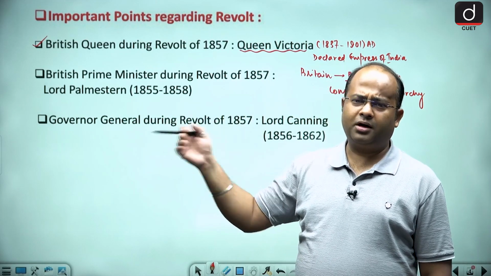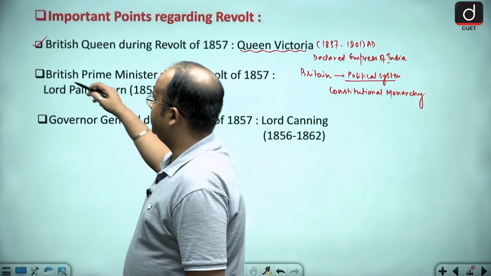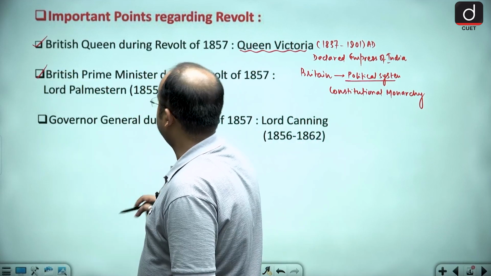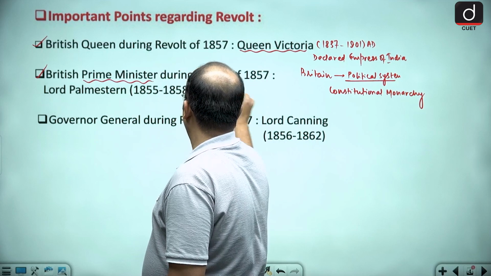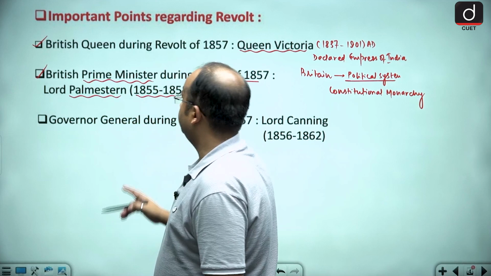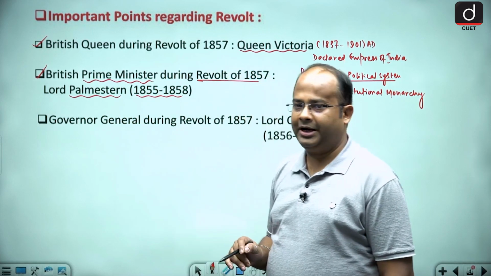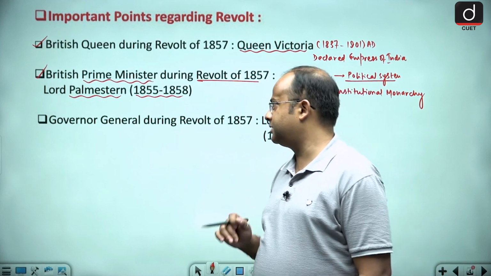The head of the government is always the prime minister. So who was the British prime minister during the revolt of 1857? That was Lord Palmerston, and he was the British prime minister from 1855 till 1858.